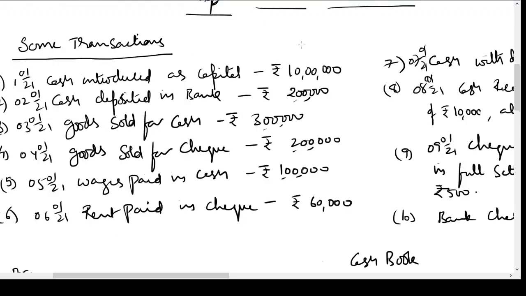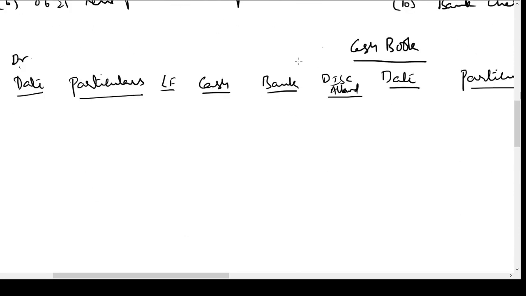Now, what is a triple column cash book? I have drawn the format for you here. A triple column cash book will record three aspects of a transaction: cash transactions, bank transactions, discount transactions. Cash book is, let us say, divided into two parts.